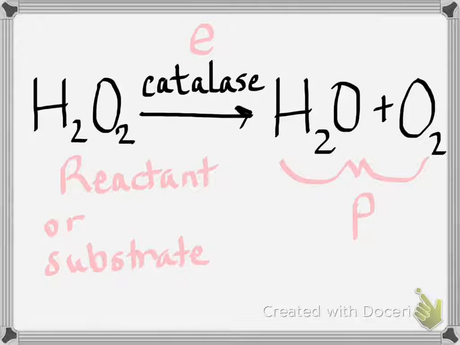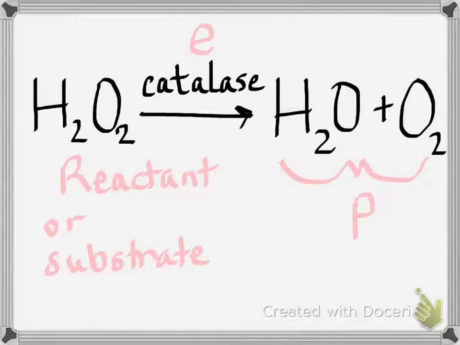And the day we used hydrogen peroxide, we had hydrogen peroxide break down in the presence of catalase into water and oxygen. So that hydrogen peroxide was our reactant, water and oxygen were our product, and catalase was the enzyme.